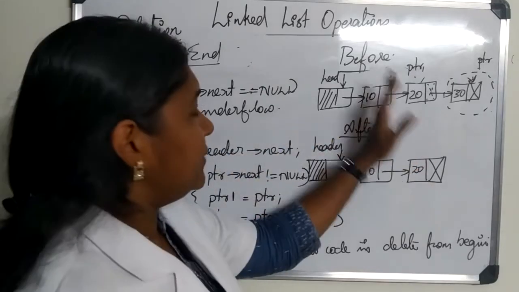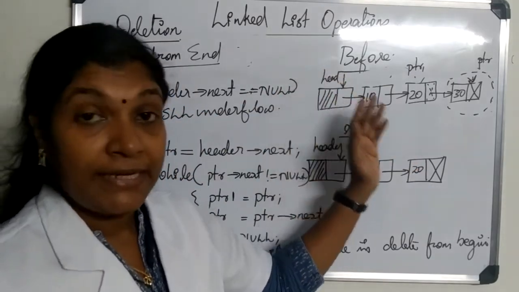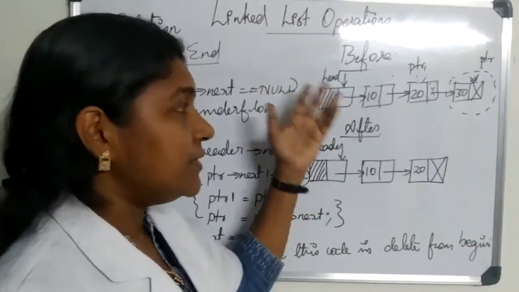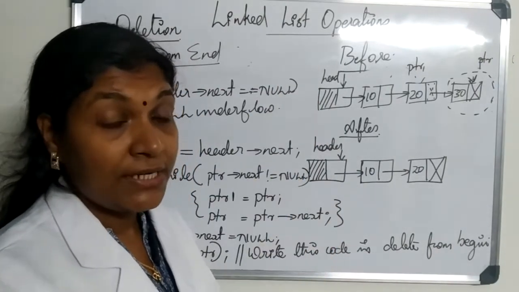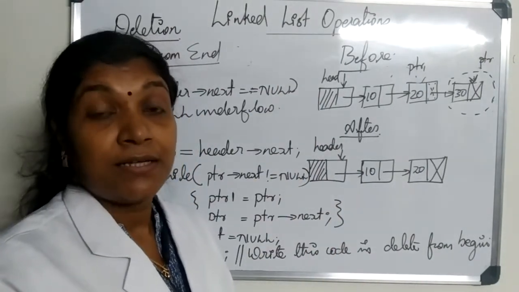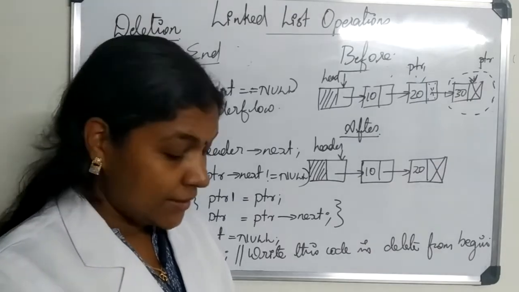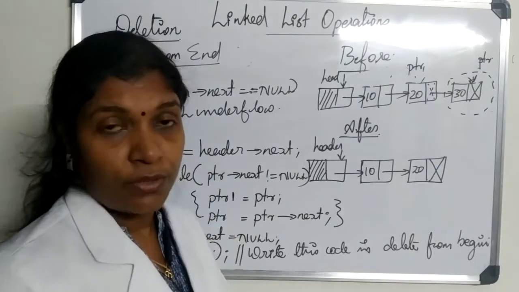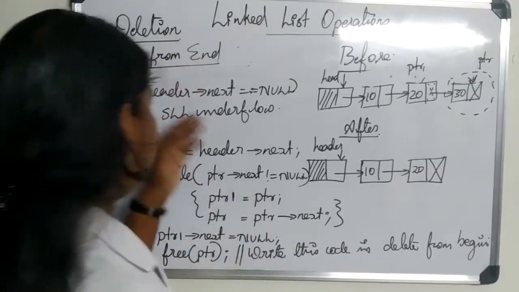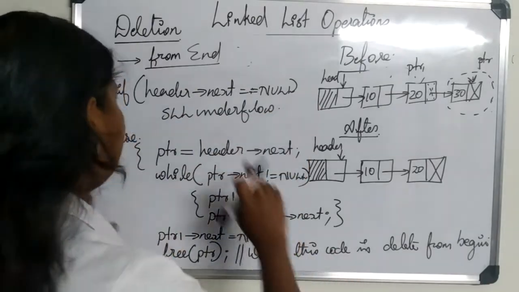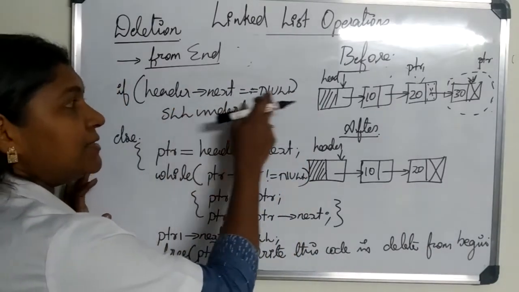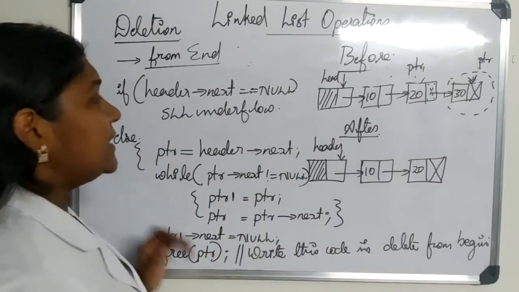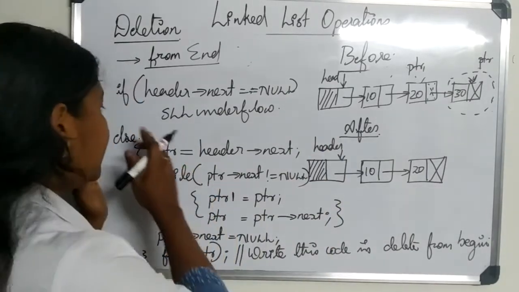So moving on to the algorithm part of delete from end. First, always we need to check whether the single linked list underflows or not. That is, whether there exists at least one node in order to perform the deletion. Okay. So for that, I have already written the code. If header dot next is equal to null, then single linked list underflow. Okay. Then the else part.